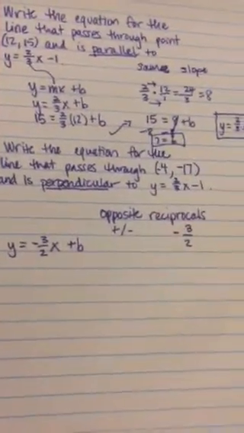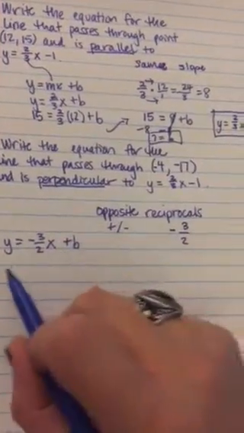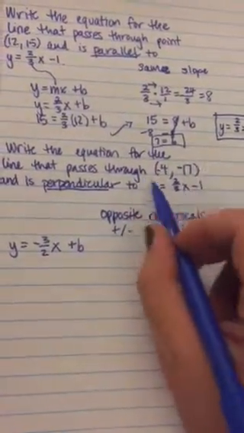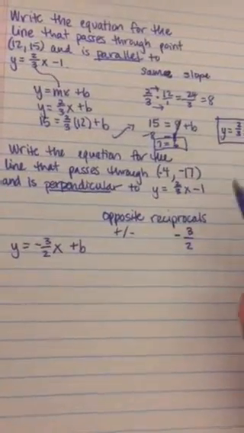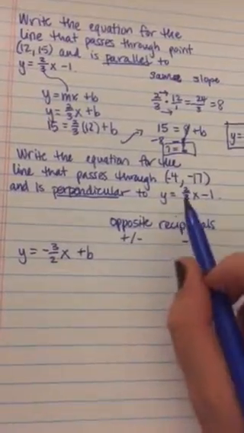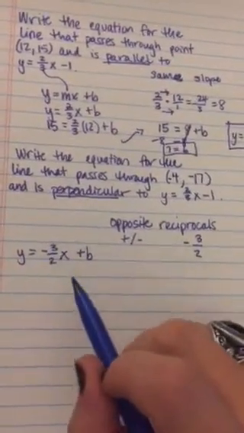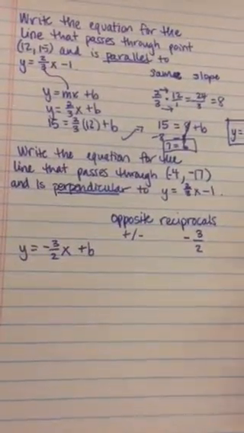And it matters. It can't just be any number. It's got to be the right y-intercept that's going to cause this line to go through this point. But from here on out, it's pretty much the same as what we did up there. We've got our slope, they're opposite signs, one's positive, one's negative. They're reciprocals, 3/2 times 2/3 equals 1, so I know they're reciprocals.